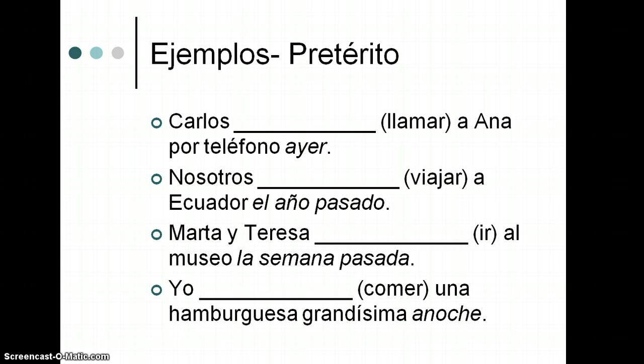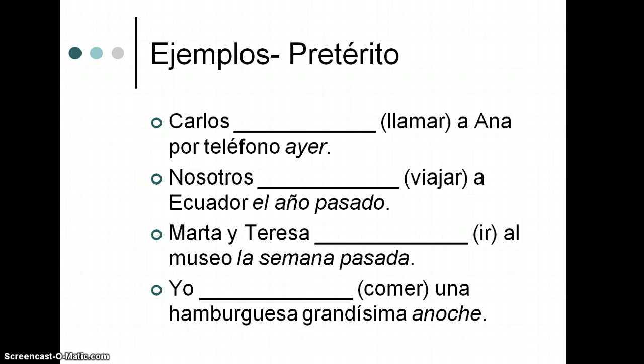Okay, so now that you have filled in the verbs in the pretérito, you should have Carlos llamó, with an accent on the O, of course. Nosotros viajamos. Marta y Teresa fueron al museo la semana pasada. Yo comí una hamburguesa grandísima anoche. Notice that the expressions that were used in italics were ayer, el año pasado, la semana pasada, and anoche.